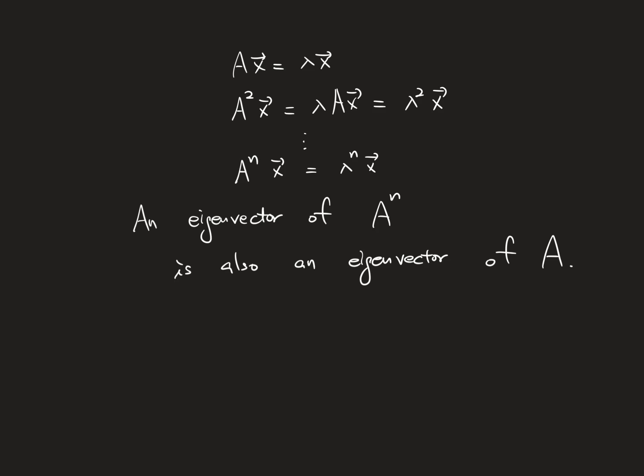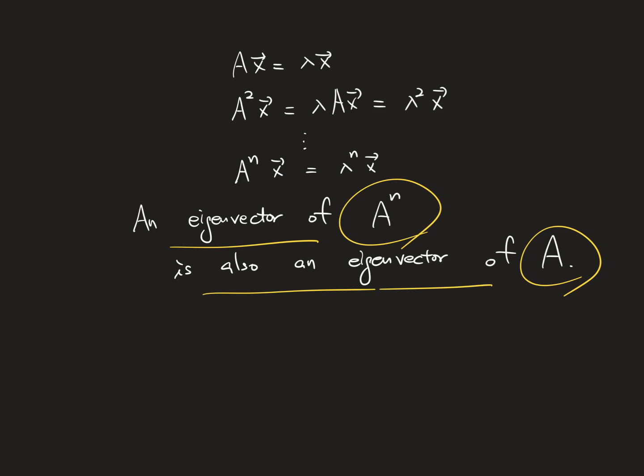You consider A, and after that you consider A to the n, but the eigenvector will stay the same.